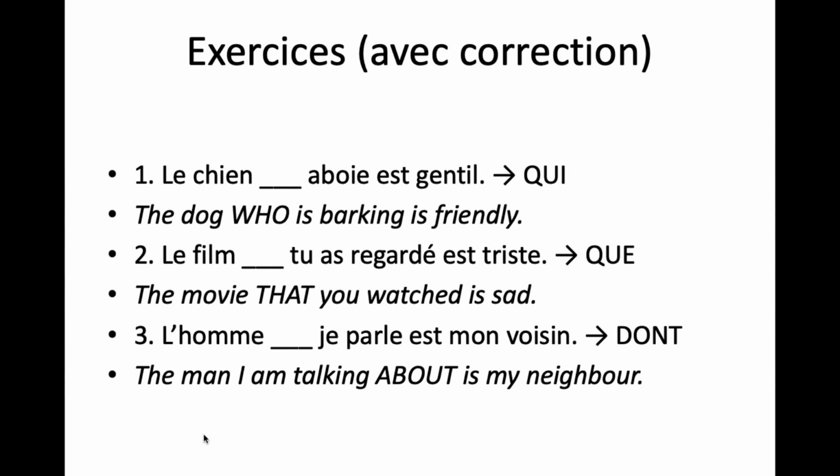But I want you to take a little moment to understand why, and maybe write on the paper why we would put qui in the first one, que in the second one, and dont in the third one. Take a minute: what does qui replace, what's the value of qui, what's the value of que, etc., and try to see the purpose of all these pronouns in each case.